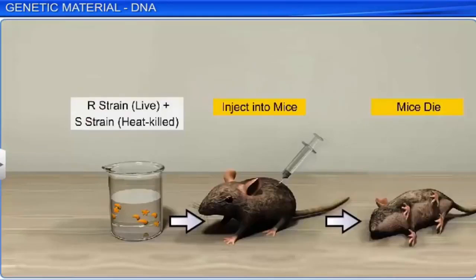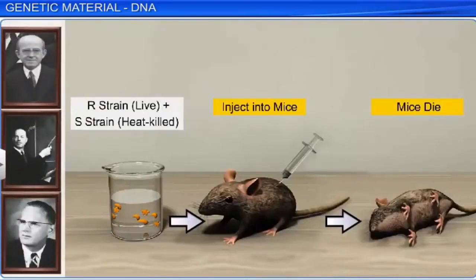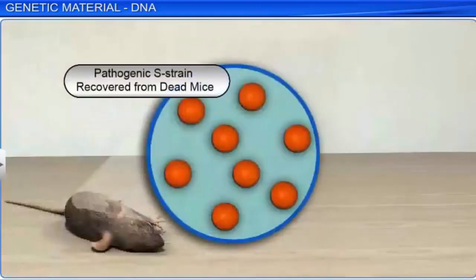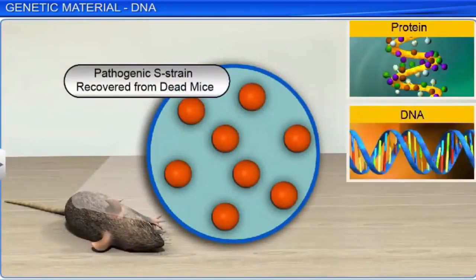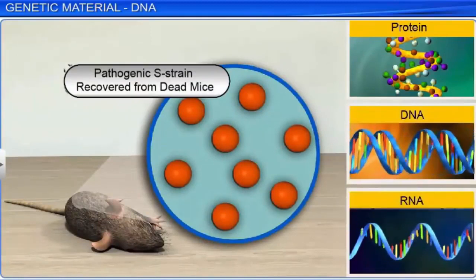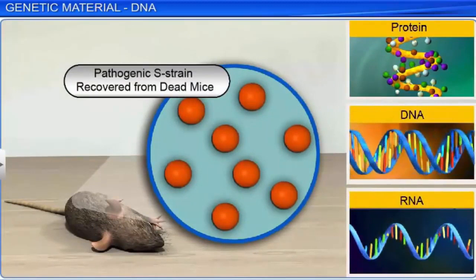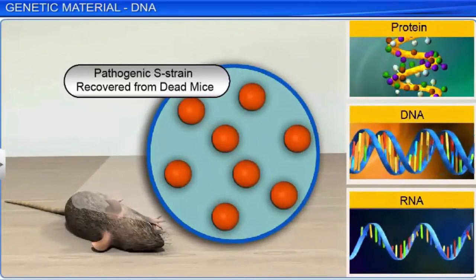They repeated Griffith's experiments and purified all three biochemicals, proteins, DNA and RNA, from heat-killed S-strain cells to identify which one had caused the transformation.